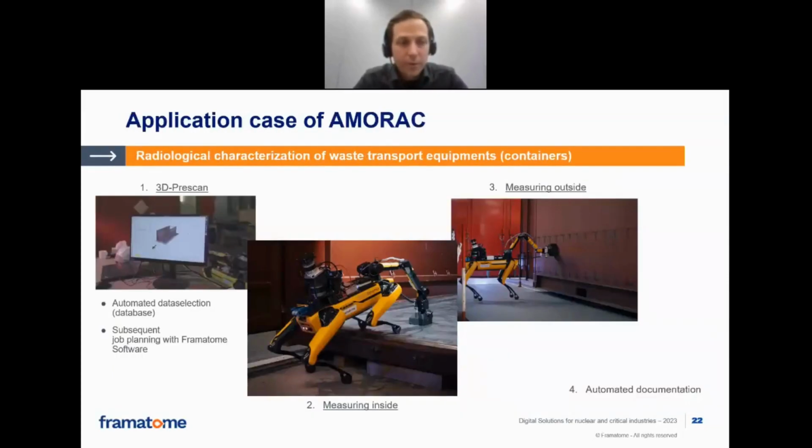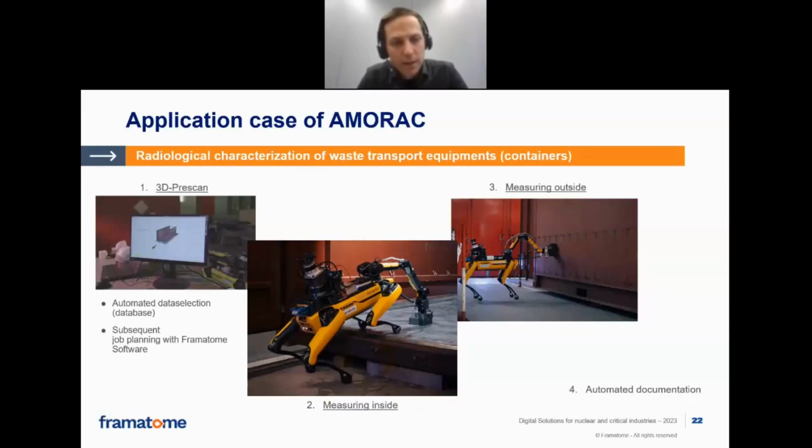Yeah, and I'm really proud to present our first action on site with this development, namely at a German NPP running company called RWE. Many thanks to them for having us on site.